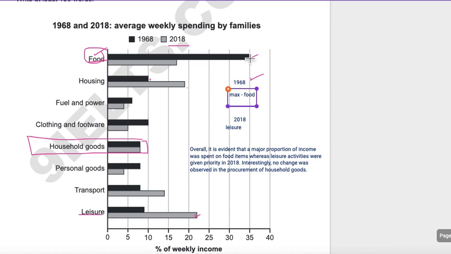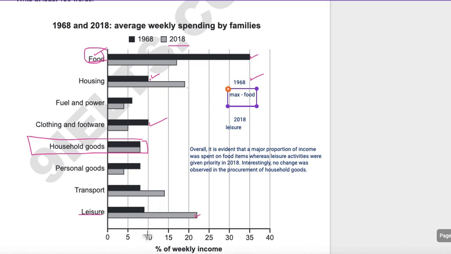Then in body para 1, you will talk about that food items received maximum, or the maximum income was spent on buying food items, which was around 35% of the total expenditure. Okay. This was followed by an equal share between housing and clothing footwear.